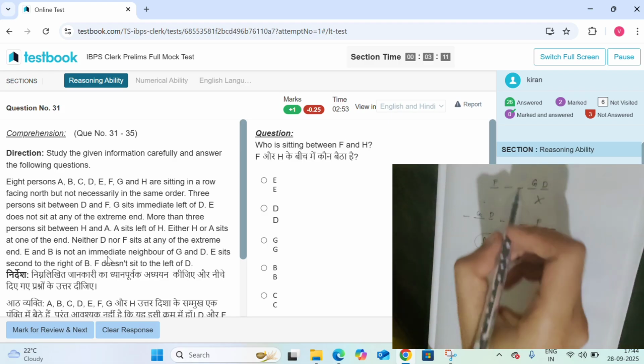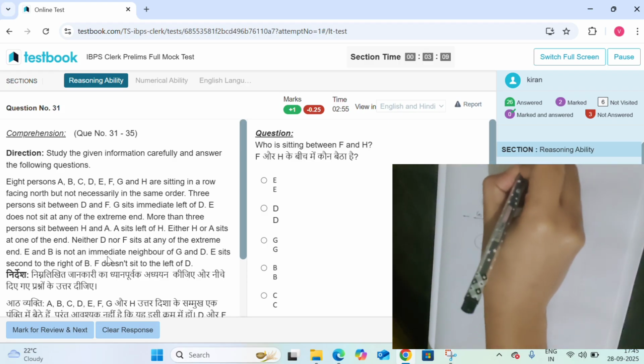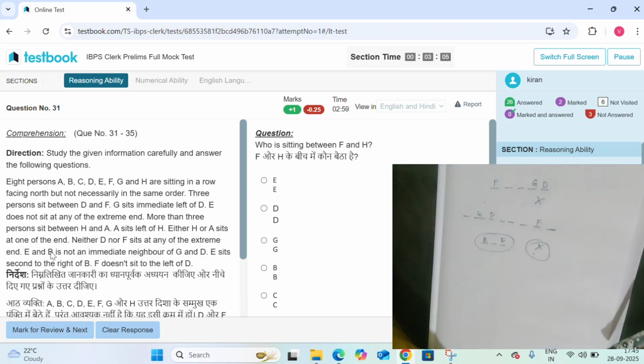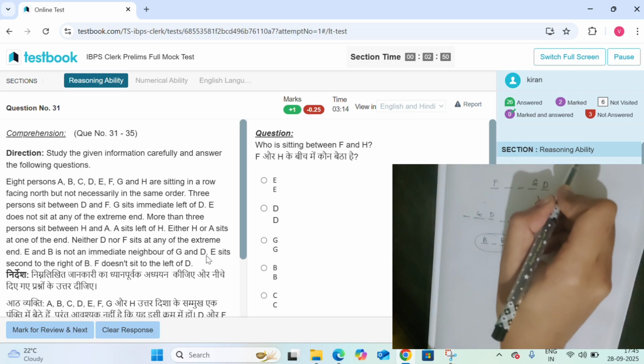Next to B, 1 to E. So A, B, this should be C. E and B are not immediate neighbors of G and D. That means this doesn't hold. Okay. So A and H, not immediate left, right?